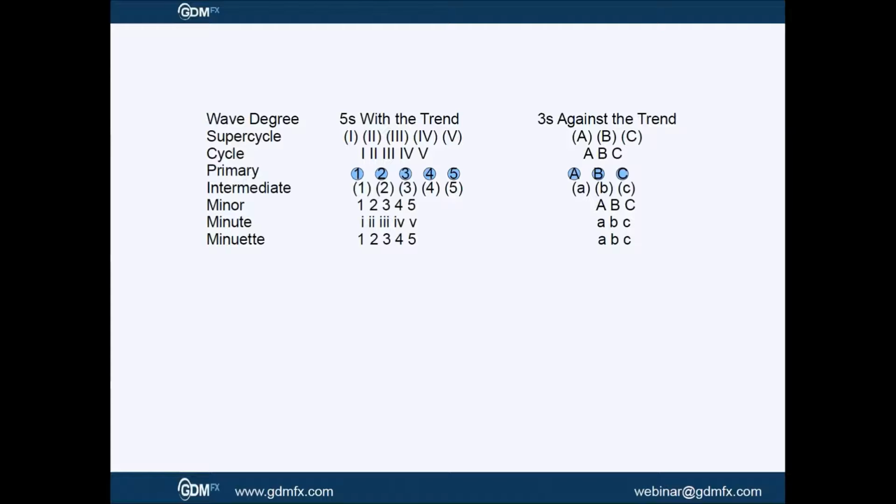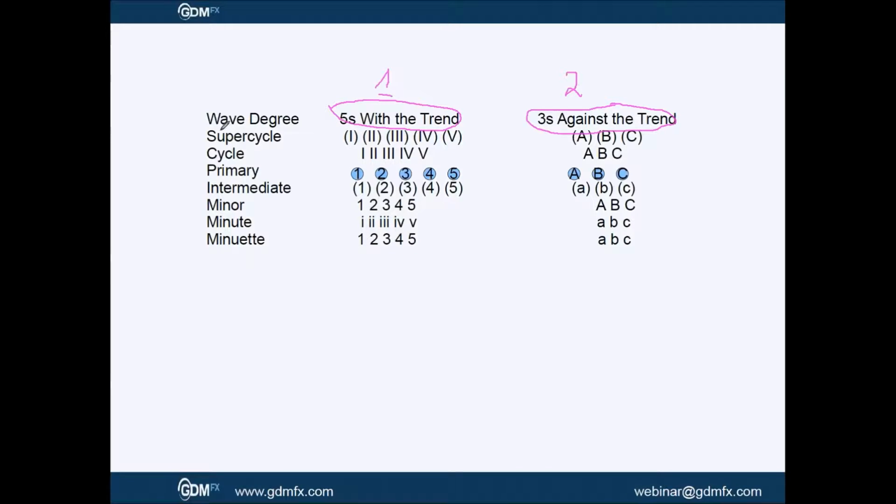So the first thing you have to remember is that any time you see a possible wave degree, you have to label it, whether it's with the trend or against the trend. Of course, it always first starts with the trend, and then the second is against the trend.